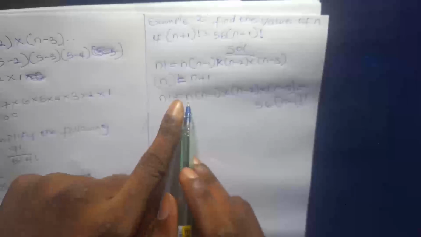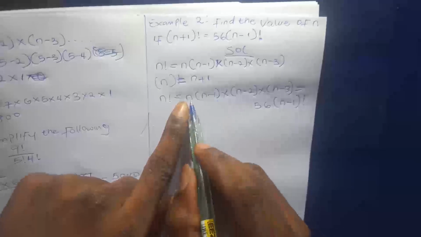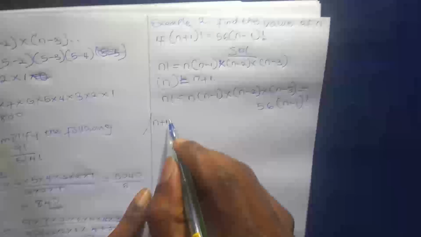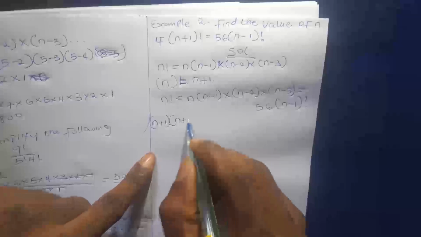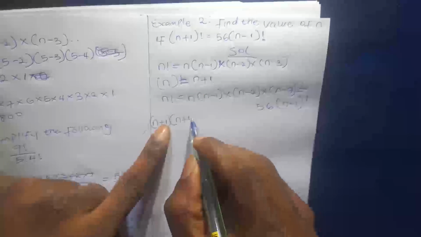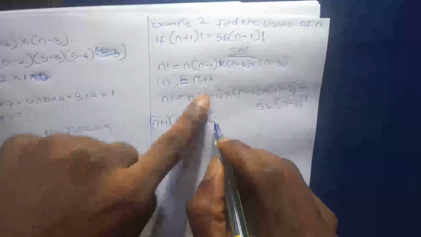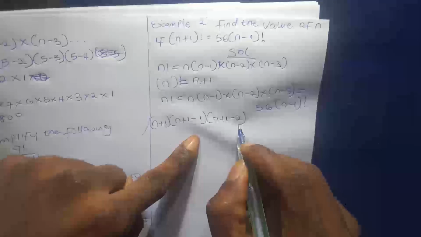Now let us input n plus 1 for n. So anywhere we see n, we'll put n plus 1. Since we say that n equals n plus 1, that will be (n plus 1), which is this, open bracket, (n plus 1) minus 1, open bracket, this n will be n plus 1, then minus 2, equals 56 times (n minus 1) factorial.